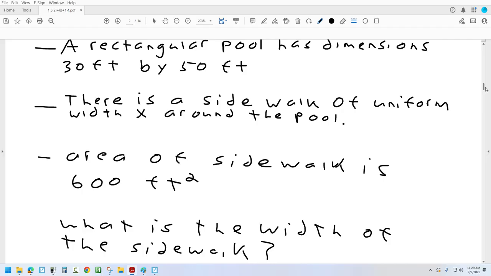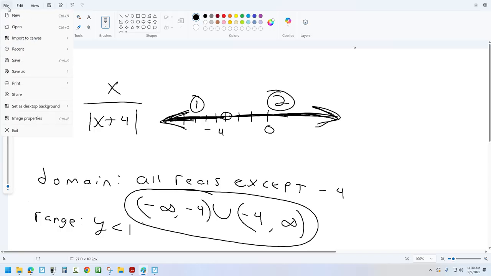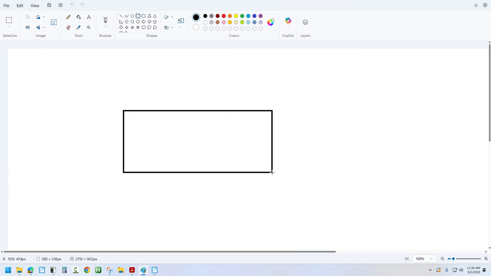What is something that's going to be in our picture? Okay, yeah, we're going to need a rectangle for the pool. So let me draw that. Okay, so there's our pool. And why another rectangle?